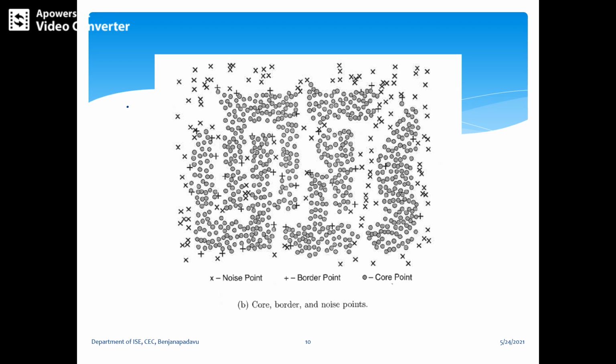There is no minus here, only a plus symbol, and this is the darkened circle. So this is the complete discussion of the DBSCAN algorithm.